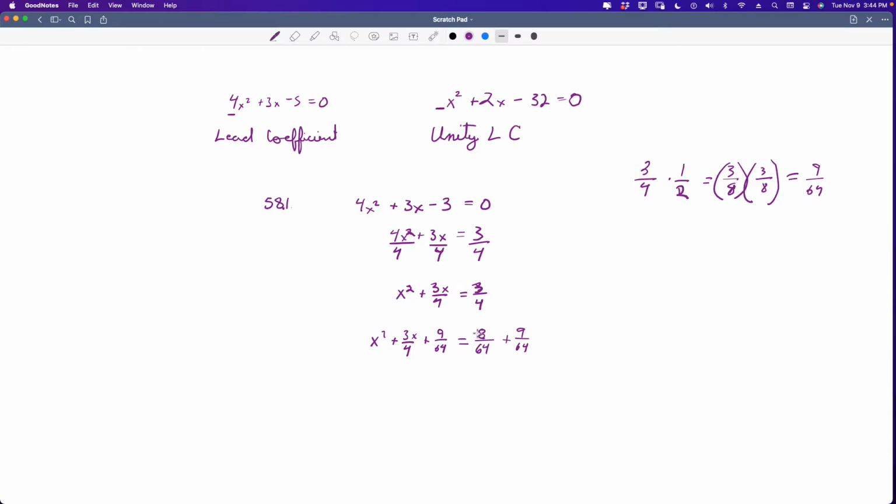So we'll change this to an 8, and we'll put a 4 right here. So 48 over 64 is the same as 3/4, right? When we add that together, we get 57 over 64. All right, now let's bring that back down.